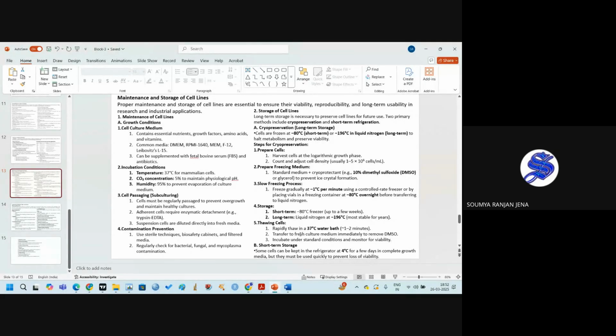After you remove it, it will take time to turn back to water. It forms ice. If you thaw that small bottle, it will quickly convert from ice to water. So thawing is required. Okay, sir. Thank you.